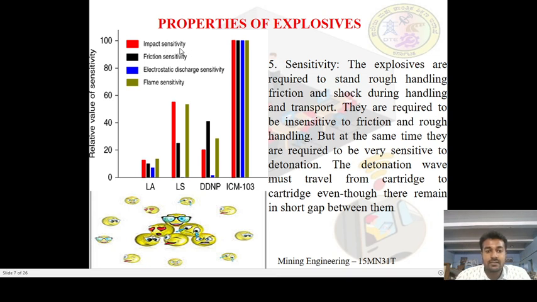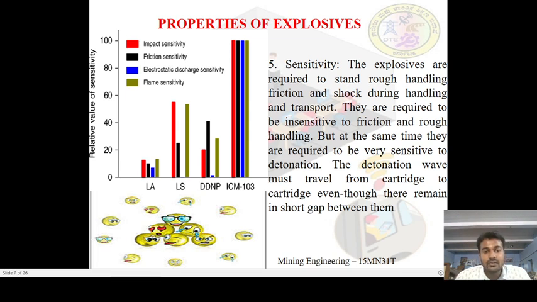The impact sensitivity: if there is any impact on an explosive, such impact should not initiate it. If there is friction, or electrostatic discharge, or any stray current, it should not initiate an explosive. That becomes the sensitivity.